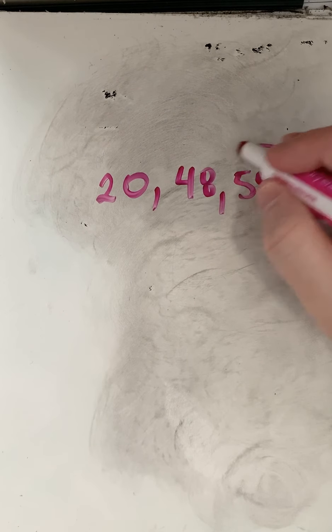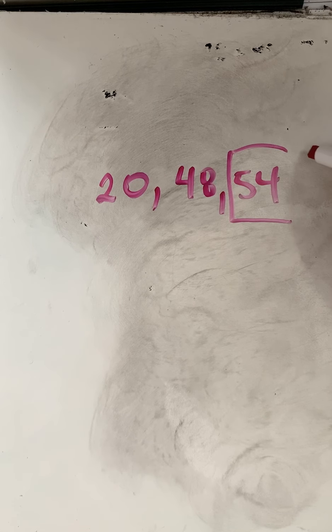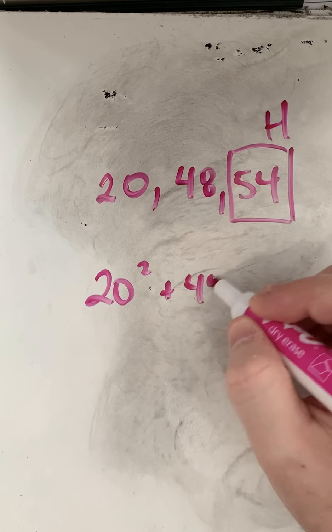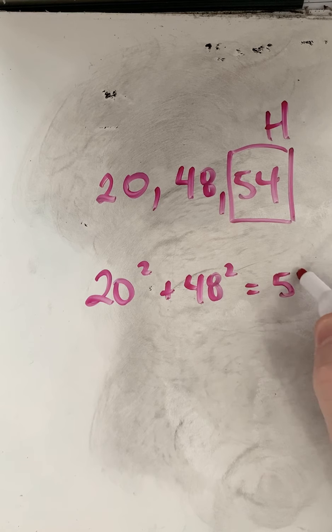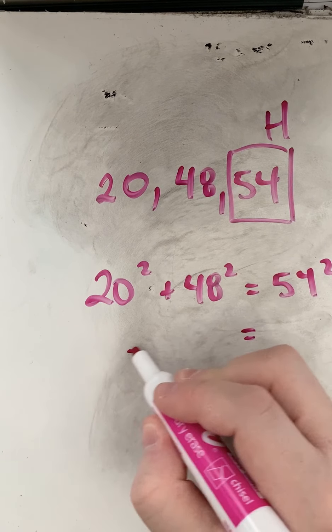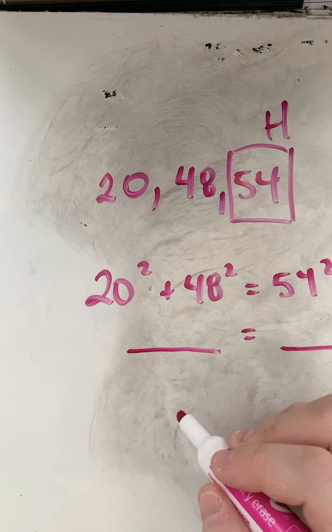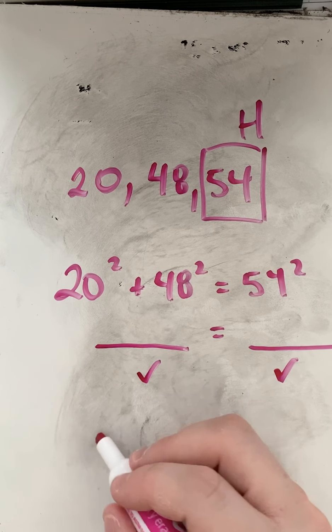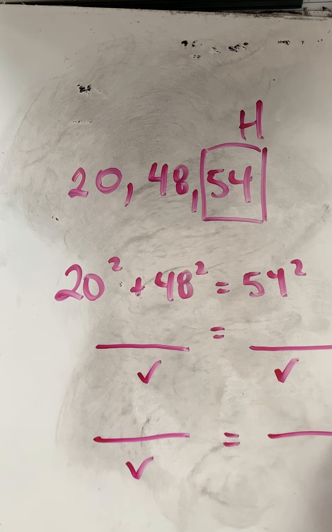Right away, you should identify that the largest has to be the hypotenuse. So all you have to do is square each of them. If this side's number equals this side's number, then you know it's a Pythagorean triple. If this side's number does not equal this side's number, it's not a Pythagorean triple.